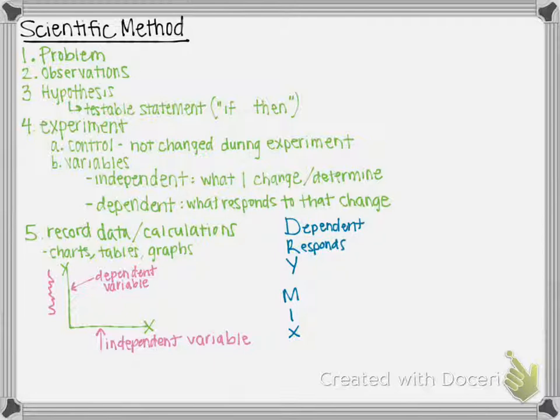And the dependent is on the y-axis. MIX stands for it's the one that's measured. It is the independent. And it is on the x-axis. So if you just remember DRY MIX, that'll help you remember which variable goes on which axis when you're graphing them.